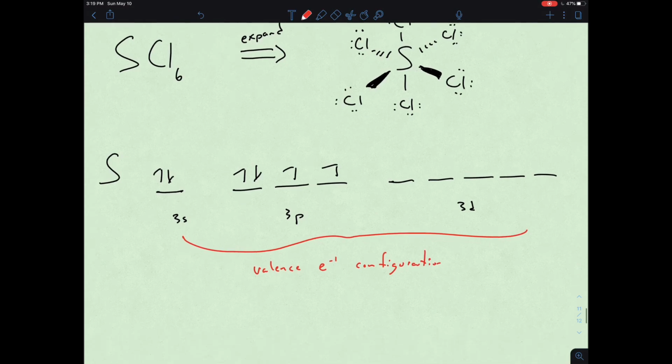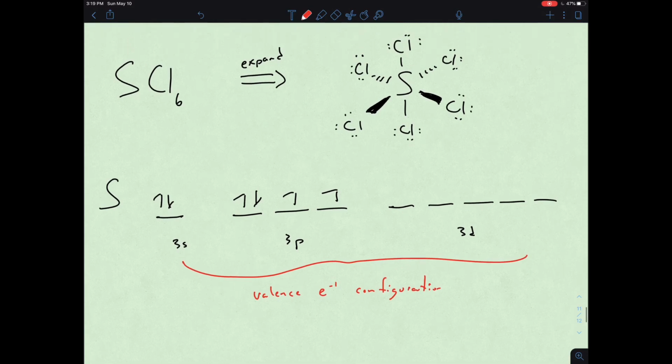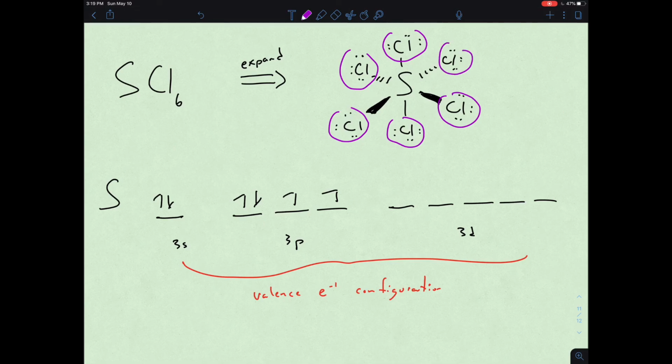And so now we need to hybridize 6 orbitals in order to do this. If we look at the top, we have 6 groups. All right, that means we need to hybridize 6 orbitals.